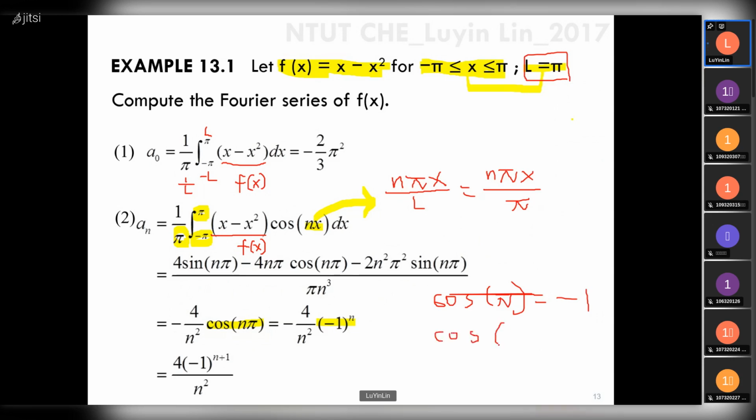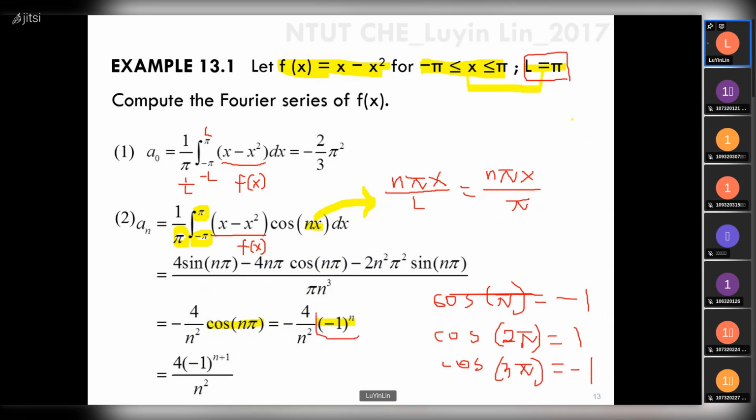If n equals 2, cosine 2 pi is equal to 1. If n is equal to 3, cosine 3 pi is equal to minus 1. So you can find, increasing n from 1, 2, 3, 4, 5, your cosine value is minus 1, 1, minus 1, 1.